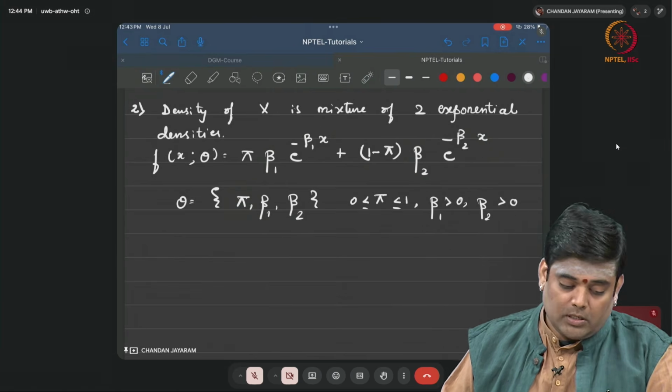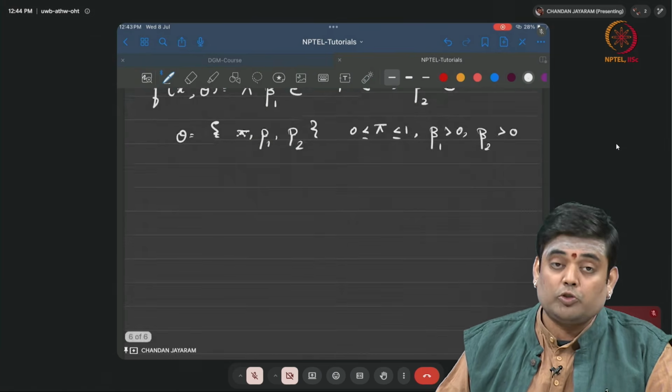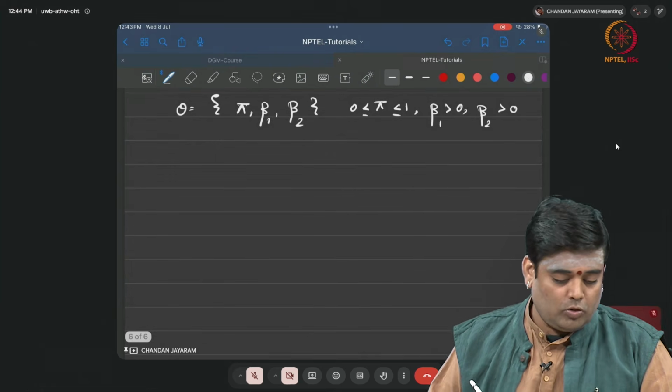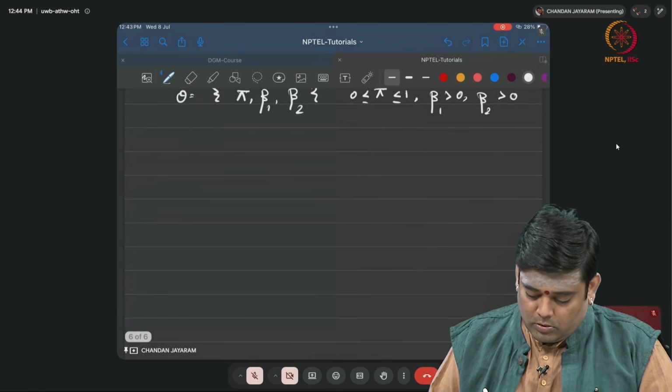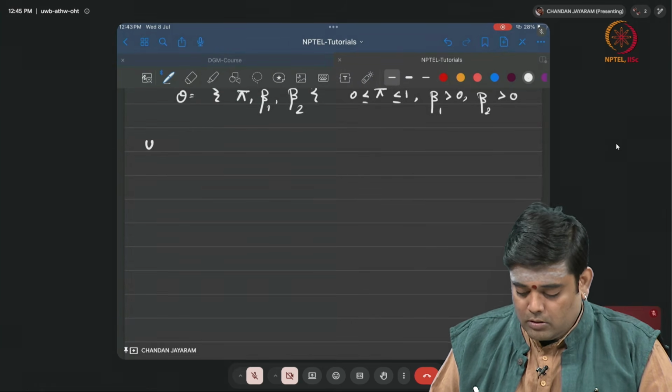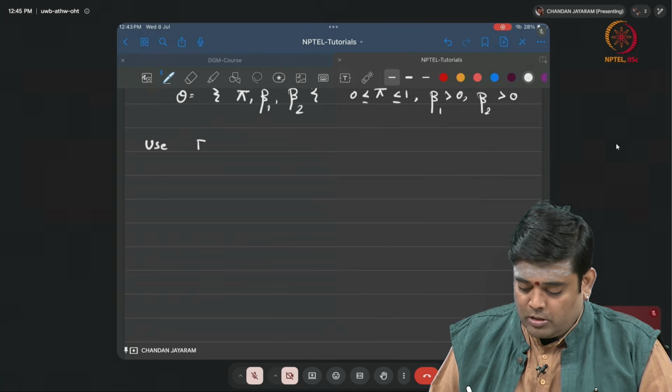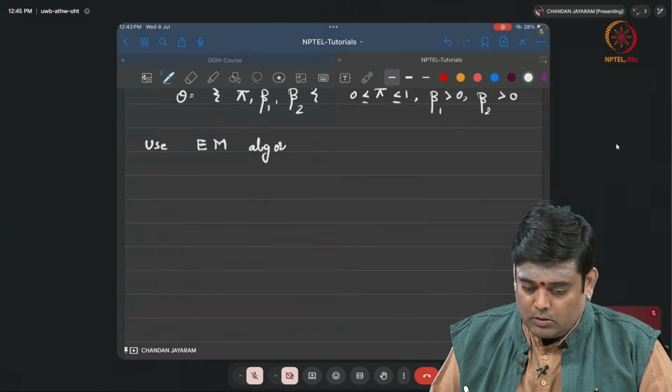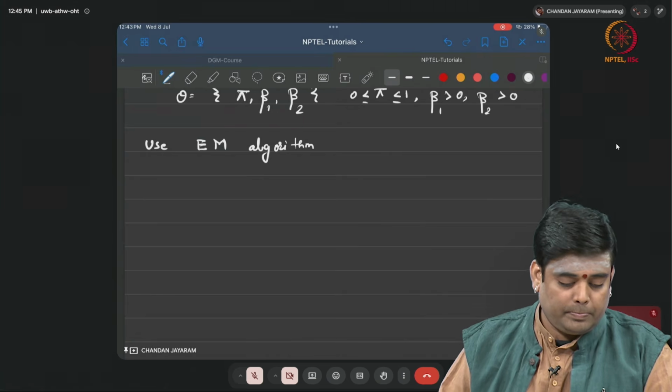What are we supposed to do here? We are supposed to use the expectation maximization algorithm.